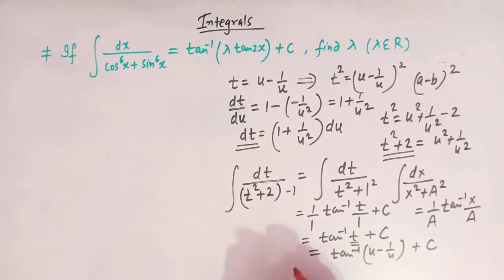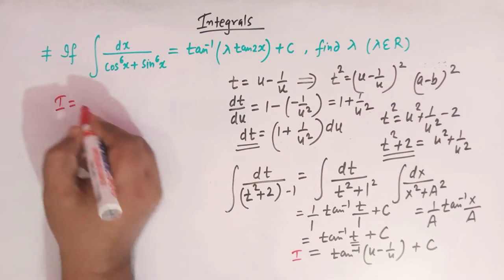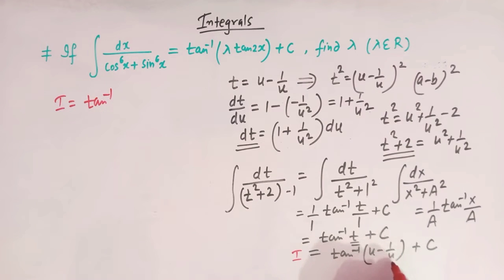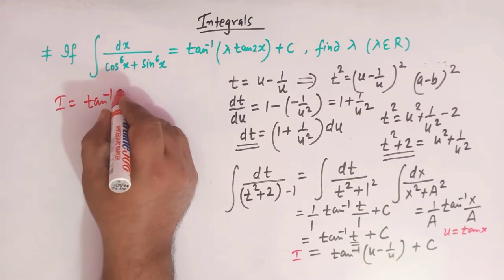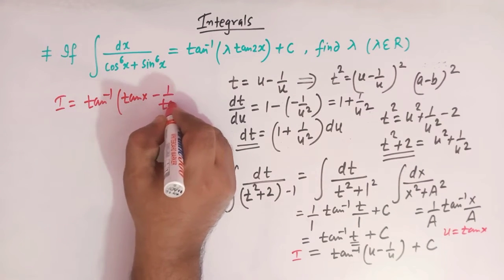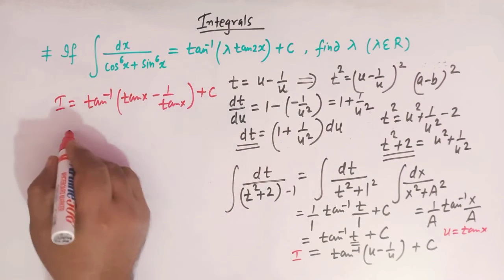So viewers, we have obtained the value of the integral I as tan inverse of u minus 1 over u, and our u was tan x, right? So here we'll take u is equal to tan x. So we have tan x minus 1 over tan x and plus c, where c is the constant of integration.